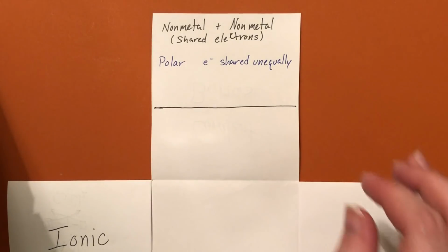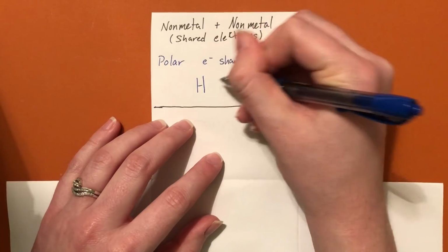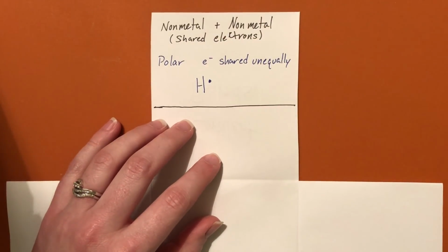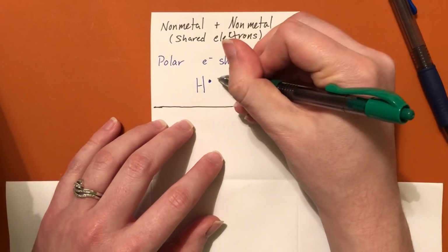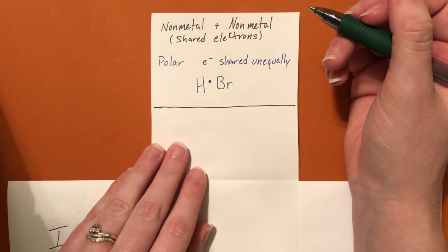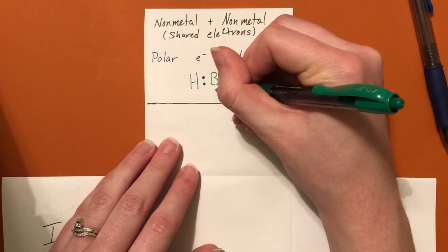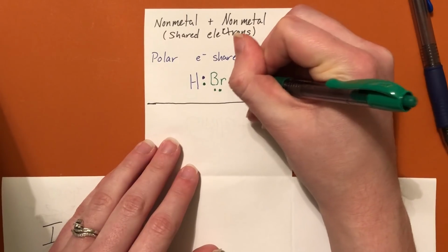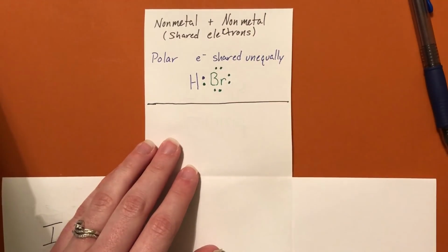Say for example, I have hydrogen. It has one valence electron, and it has decided that it wants to bond with bromine. Well, bromine is in group 17, so it has 7 valence electrons. And in order to be happy, it needs one more. But hydrogen is really reluctant to give up its one electron, and bromine definitely doesn't want to give up one of its electrons.